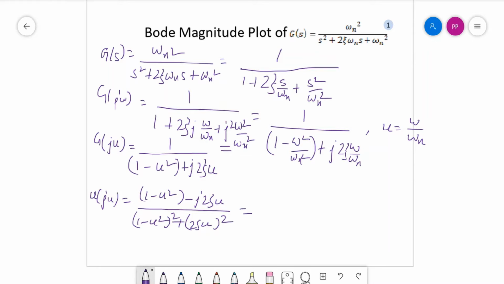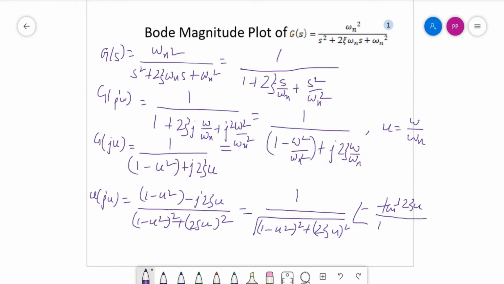So this is again in the form of a complex number, so we can write it in polar form. This can be written in the form of 1 divided by square root of 1 minus u square whole square plus 2 eta u square, and the phase is, because this minus sign is there, minus tan inverse of 2 eta u divided by 1 minus u square.